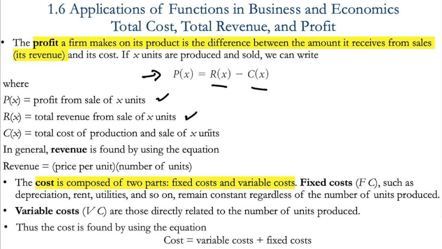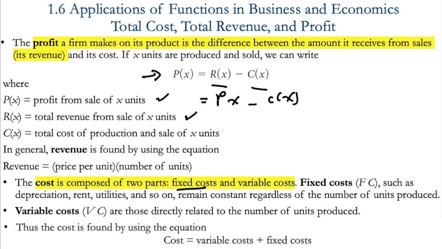So in general, revenue is found by what? In the profit function, revenue consists of price times quantity, in this case x, and then you have minus cost. Cost can be categorized into two categories, fixed cost and variable cost. What is fixed cost? Fixed cost, as you know, is for instance depreciation, rent, utilities, and so on.